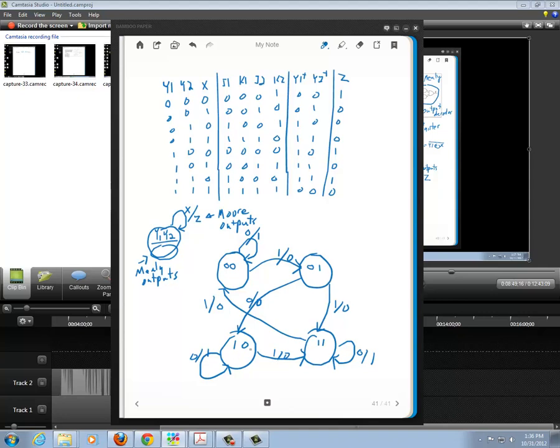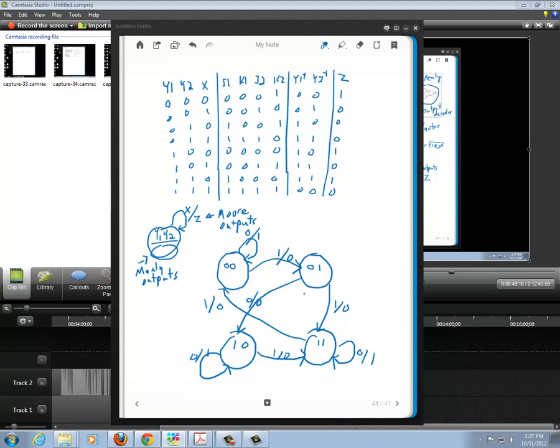So that's a way to check that you've done everything correctly, is that every state should have the total number of input choices leaving the state. So in this case, because we have one input, we have two possibilities of X, so every state should have two transitions leaving the state.